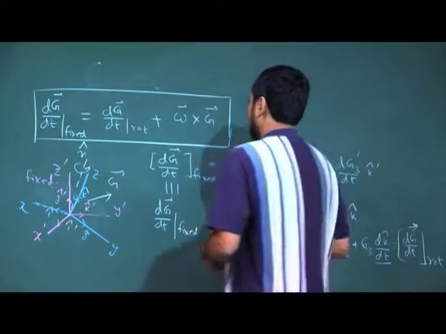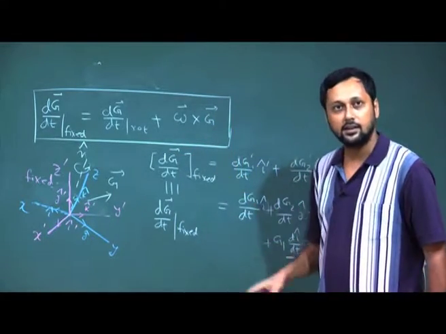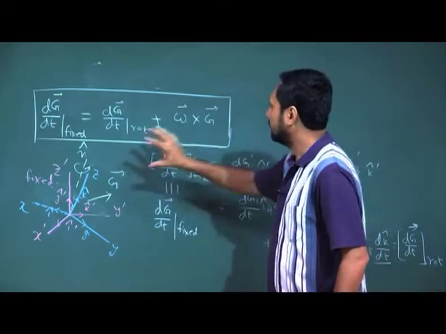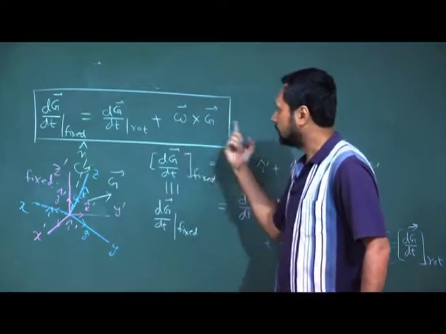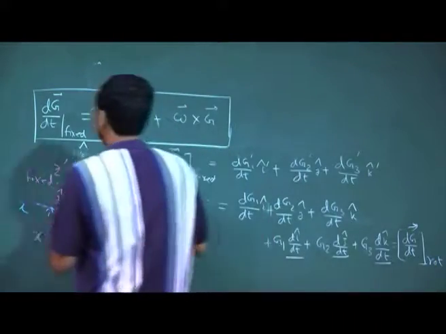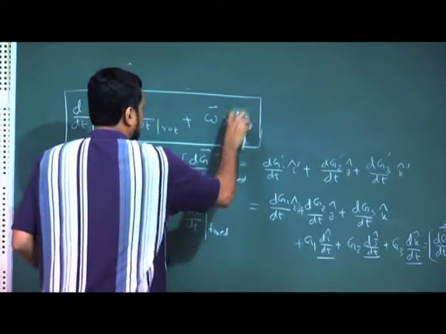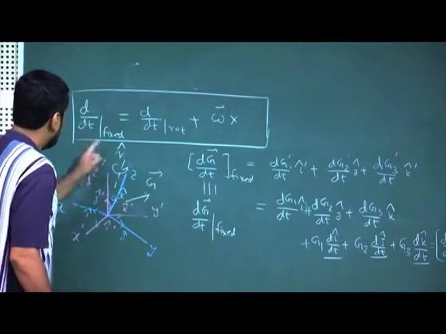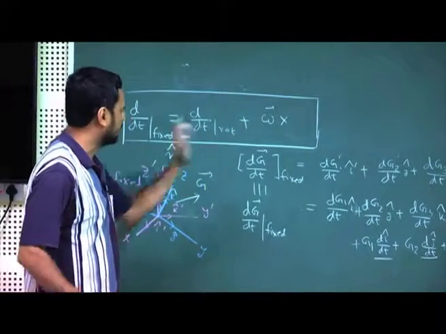Now, if we understand this, we can get rid of this g, and we can create an operator which is d/dt fixed equal to d/dt rot plus omega cross.